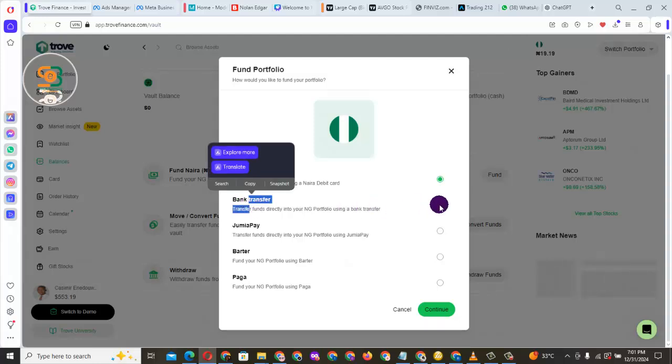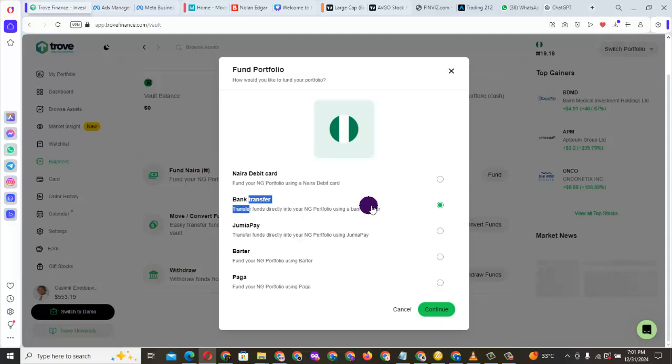The reason why I love the bank transfer is that it will generate an account for me, and by myself I will just go to my mobile app and do the transfer myself. It will be easier for me to trace and be able to control. Some persons will always use their debit card. I don't want to use my debit card to do this transaction, so that I won't be debited even while I don't need it. So that is that.